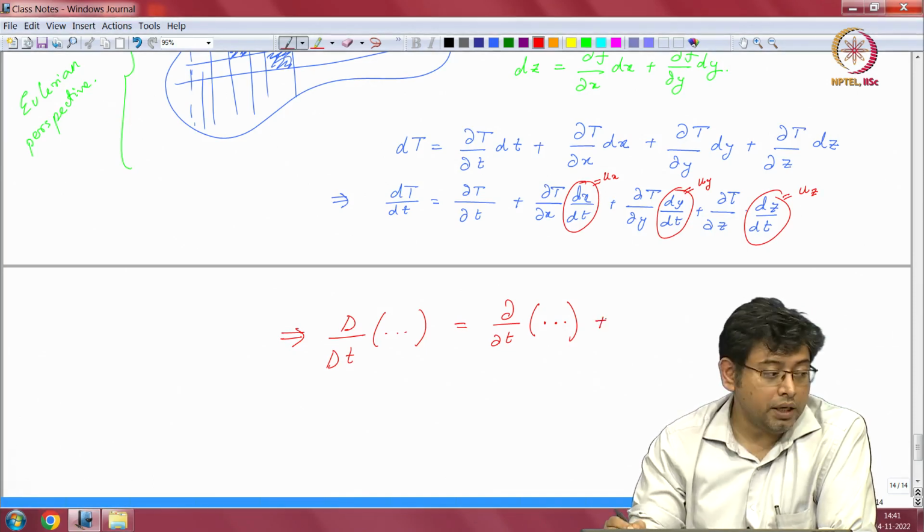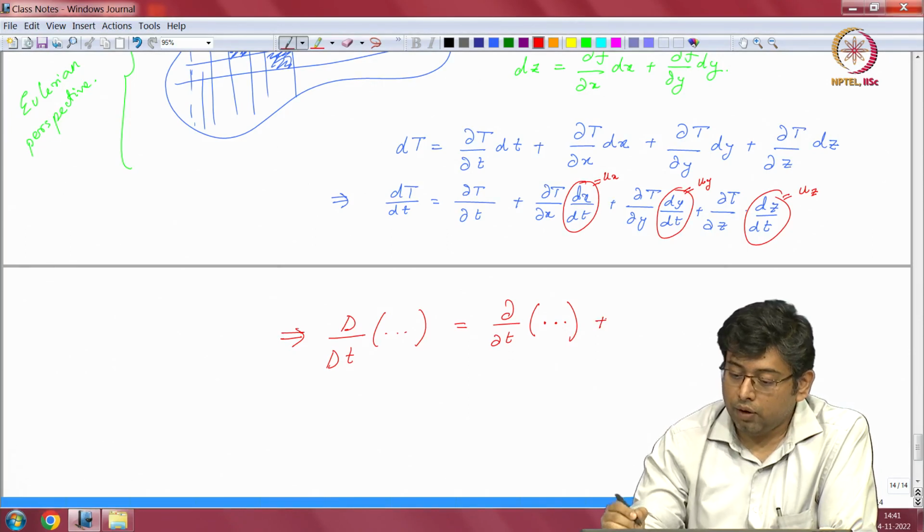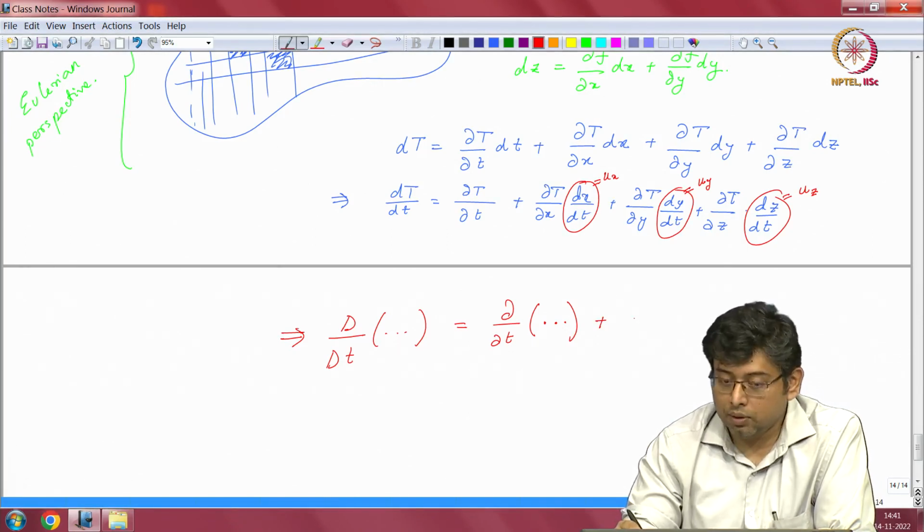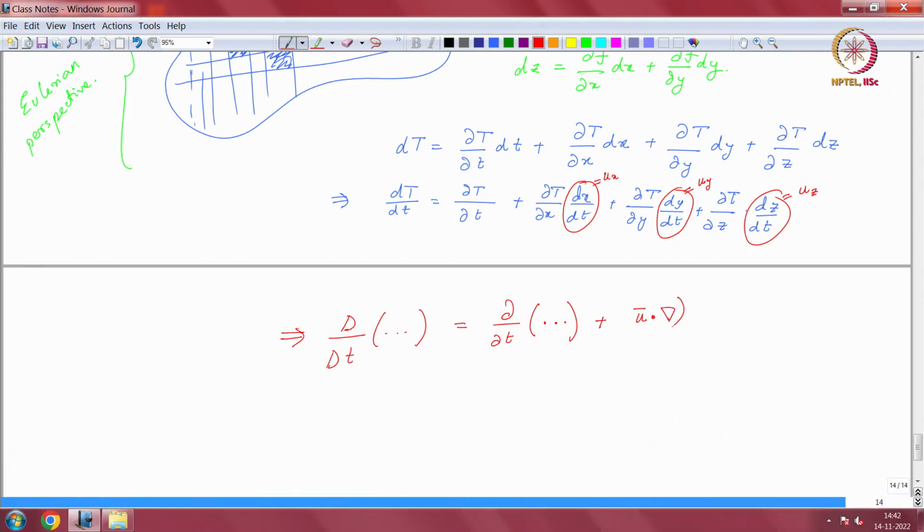And then you have a spatial component, which, if you allow me to simplify, I can write in vector form as this. Here u again is the velocity. This is now the velocity vector. I have written it down in the component form, and just to make my life easier, I have also written it in the vector notation.